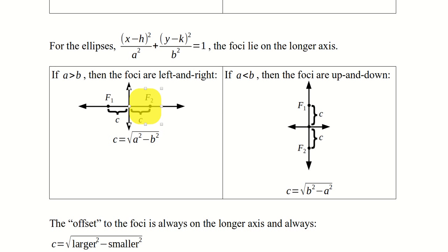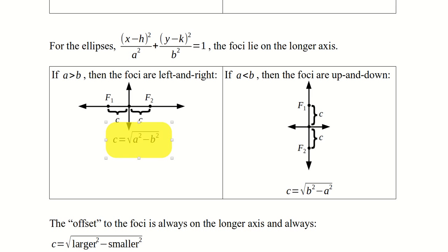Now, here's the formula to find it. So that's geometrically where it lives. To find it, we simply say, let's take the difference of the squares of the two offsets, a squared and b squared. Now here, a squared is bigger than b squared because a is bigger than b. So if we want to take the square root of a positive number, we better do the subtraction in this order.